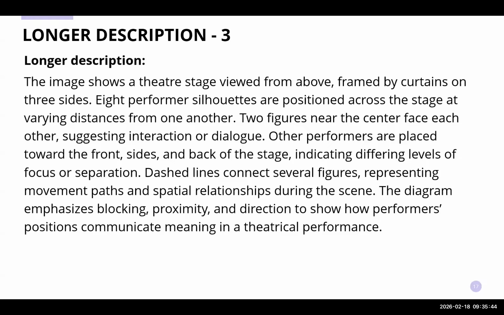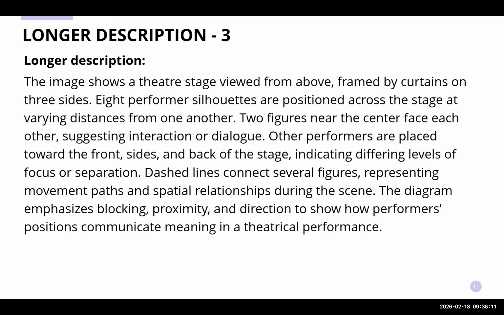So when we look at a diagram like this, the longer description needs to act as a set of stage directions for the mind's eye. We start by setting up the scene: an overhead view of a stage framed by curtains. That helps the student to understand the orientation of the room immediately. Then we describe the performers almost like a narrative.